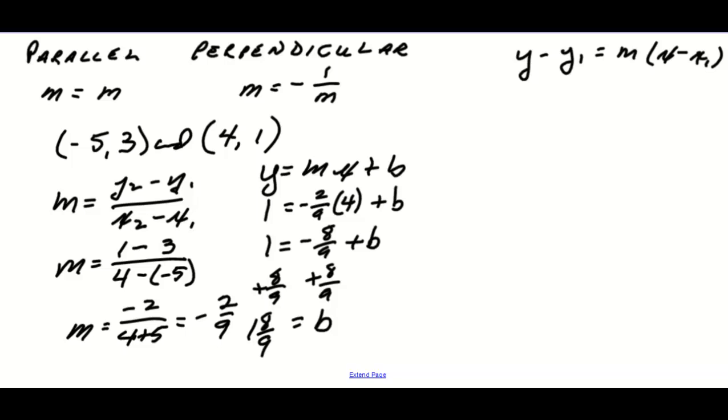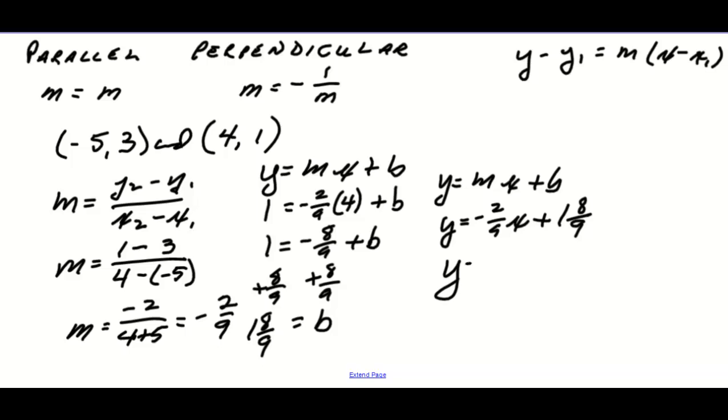Now that can be written as y equals mx plus b. Y equals negative 2/9 x plus 1 8/9. But you'll find in the book what they like to do is write that mixed number as an improper fraction. So you'll see it written negative 2/9 x plus 17/9.